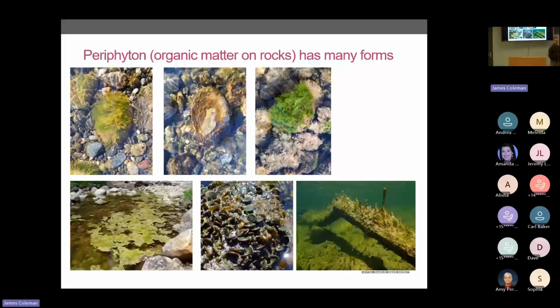And if your dog's walking along the shoreline and happens upon some of these mats and actually ingests them, that dog can be ingesting a very large quantity of antitoxin, and they can die very rapidly from ingesting those toxins. And, you know, there's just a variety of growth on these rocks that you can see.